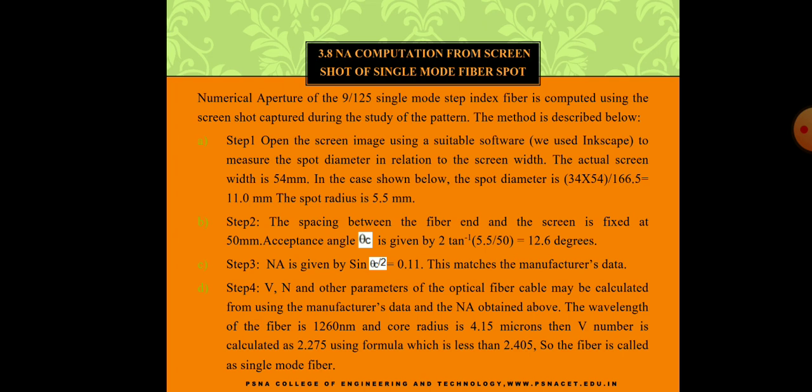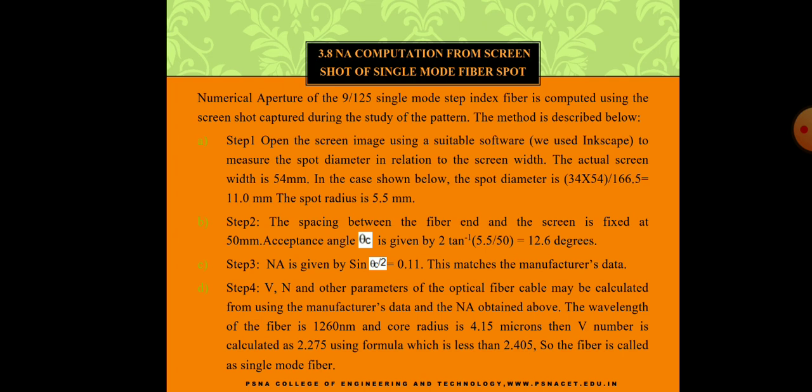The actual screen width is 54 mm and the length of the screen is 166.5 mm. In the case shown in the previous slide, the spot diameter is measured by the formula 34 × 54 divided by 166.5.